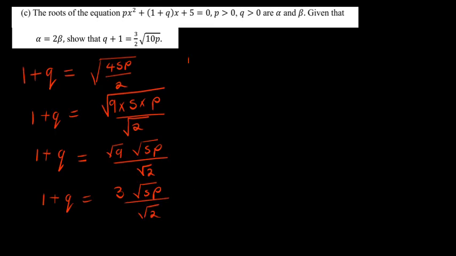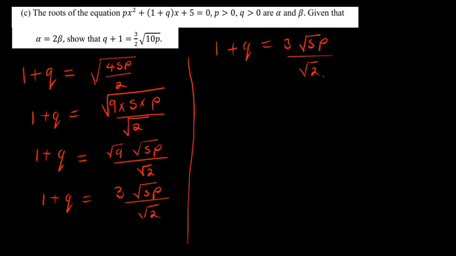So what I will do in this situation is rationalize the denominator. So in here now, I'll rationalize the denominator. This means that I'll multiply it by root 2 over root 2. So 1 plus q equals this times this, because we have the square root and the square root.